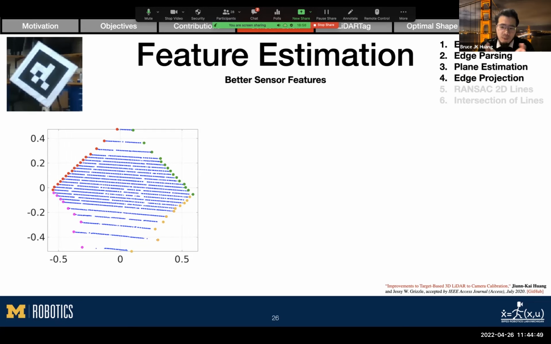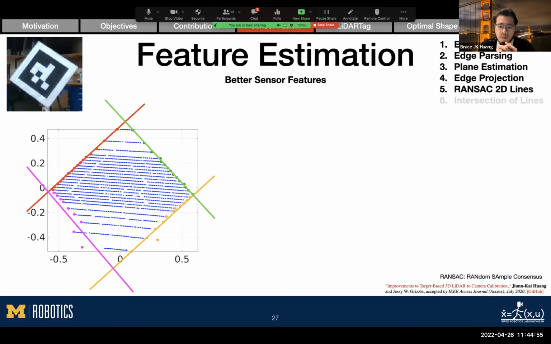Next, we need to estimate the plane of this target so that we can project the edge points to 2D. Then we can RANSAC the different groups of 2D edge points into different edge lines. Again, RANSAC stands for the random sample consensus algorithm, used to estimate parameters of a mathematical model.